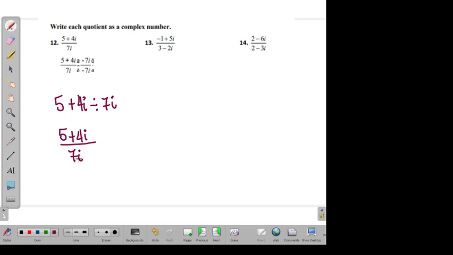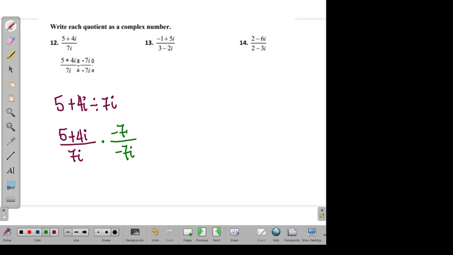The second thing is we are going to multiply it by its conjugate. Actually, I should use the word conjugate, not reciprocal. What is the conjugate of 7i? Minus 7i. Conjugate means the opposite.